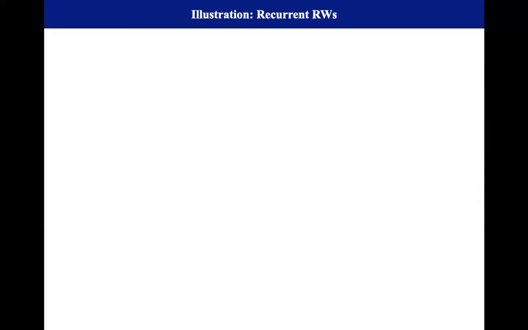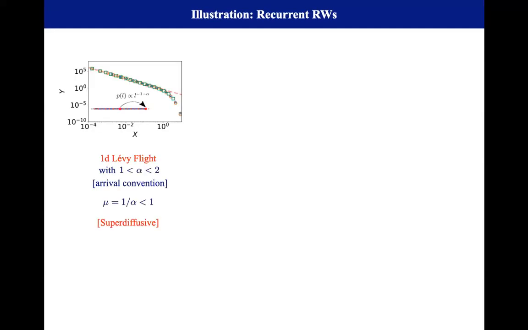First, you can consider the recurrent case and illustrate it with the one-dimensional Lévy flight. This random walker jumps with a broad distribution. This is the so-called arrival convention, meaning that only the arrival site is visited, not the sites in between. If alpha is between 1 and 2, you are superdiffusive, but in the recurrent situation.